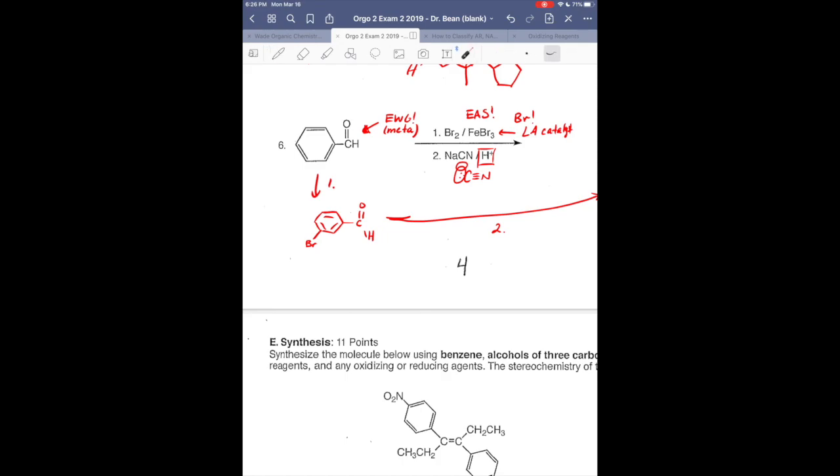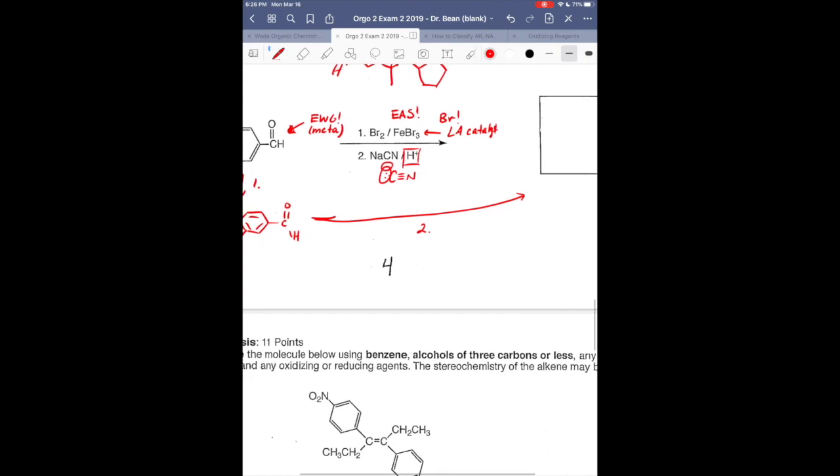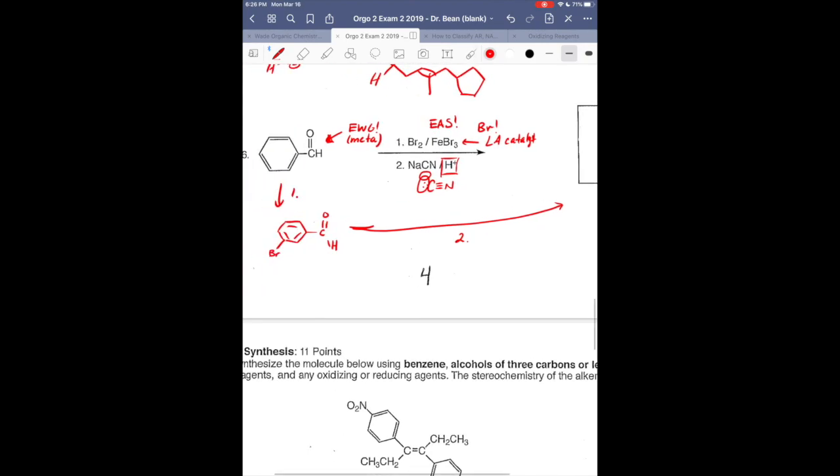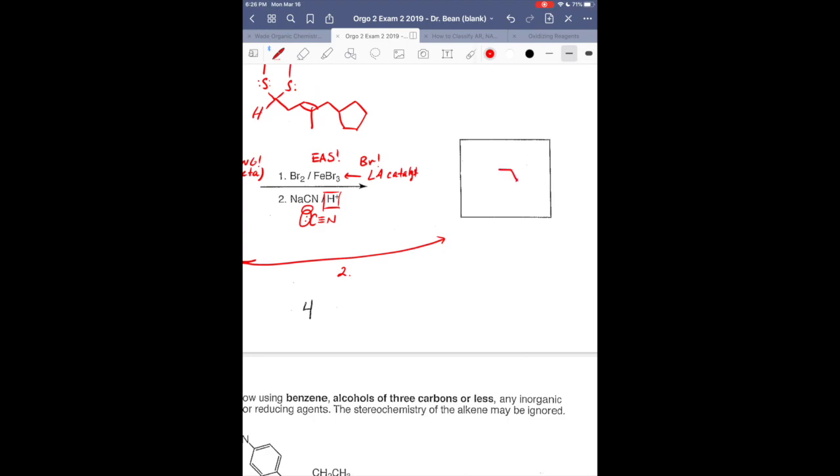This carbonyl carbon here gets activated by the H+. And then you have this come and attack, boom. And then the pi electrons come onto the oxygen to give you OH, because you would have protonated it earlier. So you're just having the addition, which is a better term, of the cyanide.